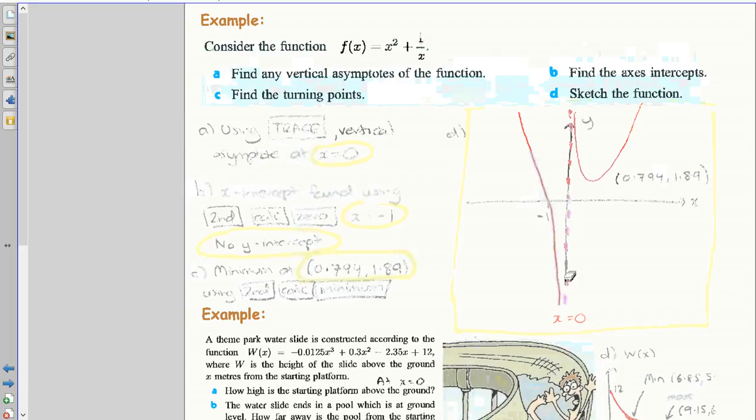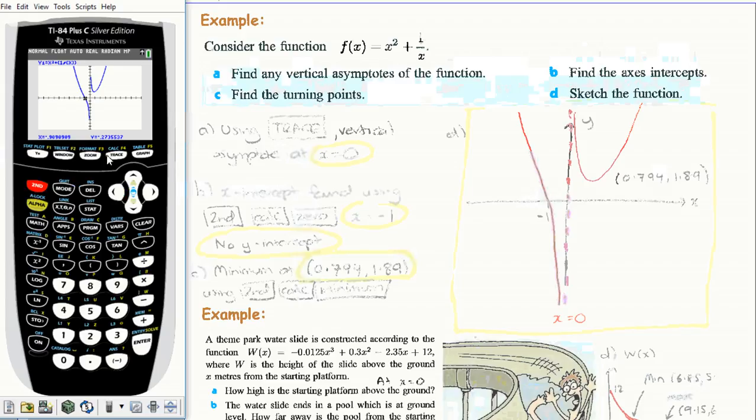To find an x-intercept, remember we go second calc zeros, because another name for x-intercept is the zeros. So we've got our graph, let's go second calc, zeros, which is the second one. And remember, we've just got to click to the left for the left bound and to the right for the right bound. So arrow away, just got to be somewhere left. Yep, left bound.